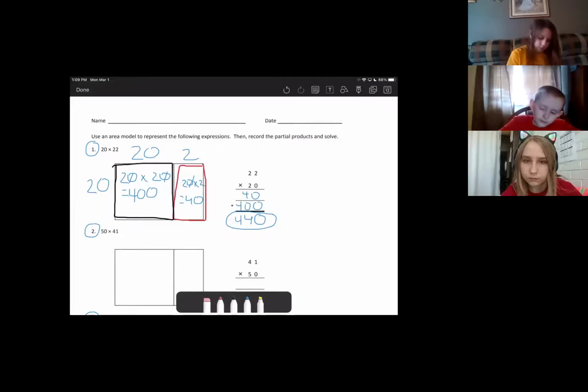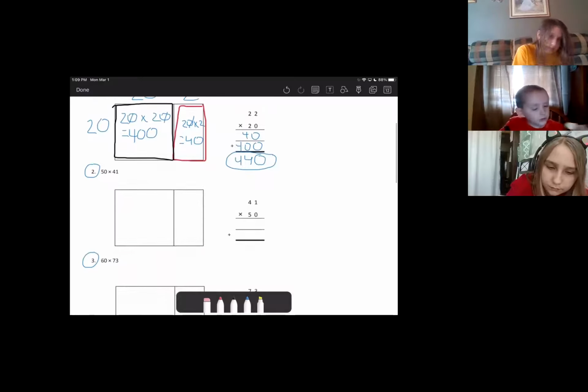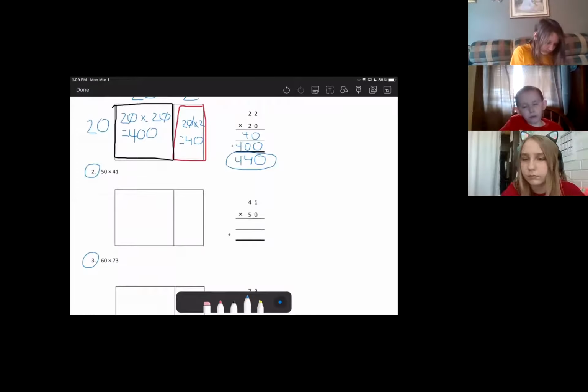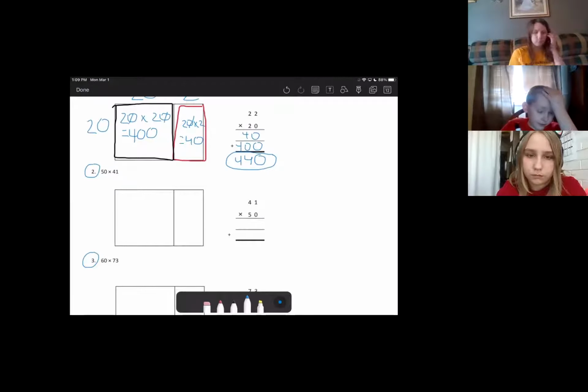All right, we ready to move on to the next one? All righty, so let's see. My friend Elijah, if I'm doing 50 times 41, how am I going to label my rectangle?